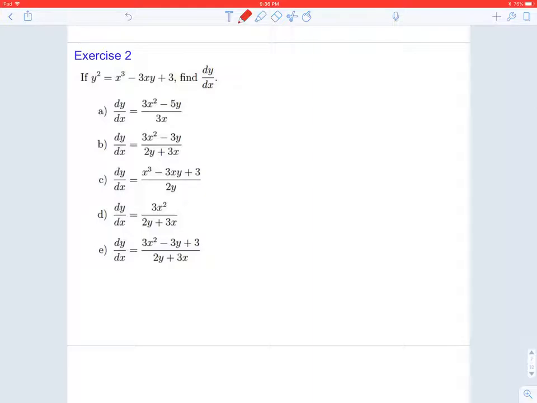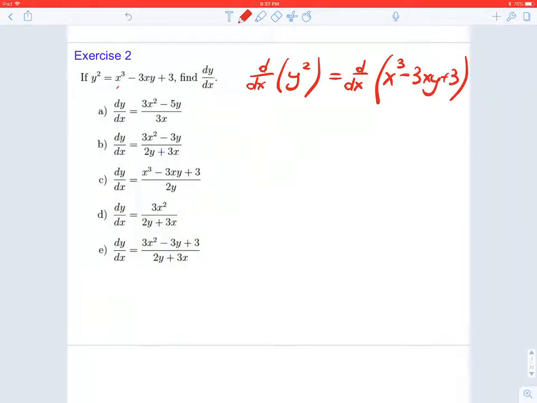Exercise number 2. The same thing, different equation. Differentiate y squared equals x cubed minus 3xy plus 3 with respect to x. Derivative of the left hand side with respect to x, and the derivative of the right hand side with respect to x. The derivative of y squared is 2y y prime.